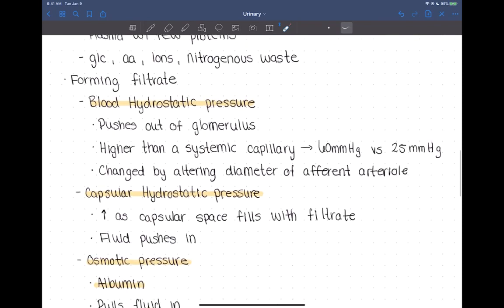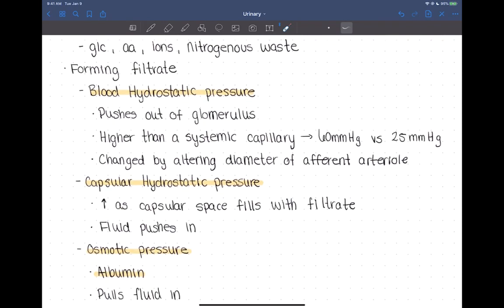So filtrate is formed, first of all, through the process of filtration. And we're going to kind of define that word again in a minute. I'll add it here, though, because this is a good place to talk about it. So filtration is just when molecules are moving from high to low pressure.